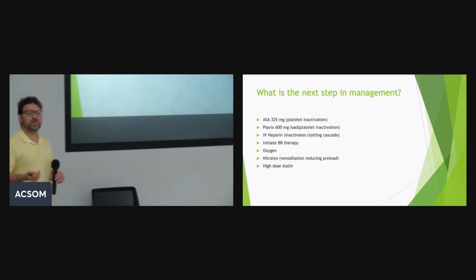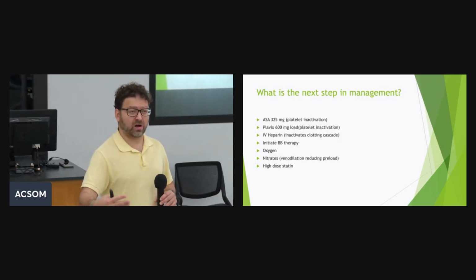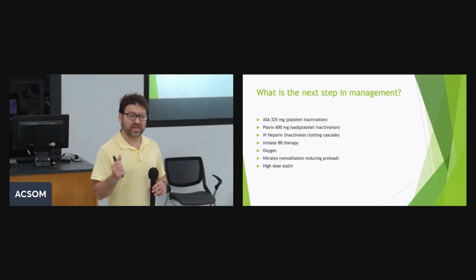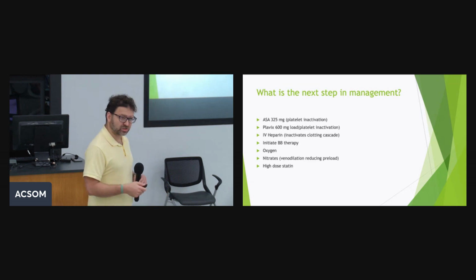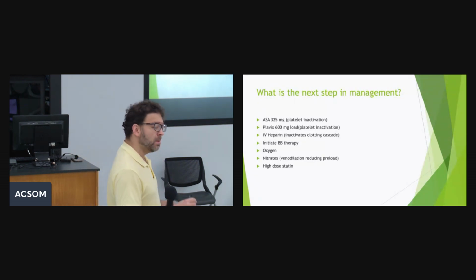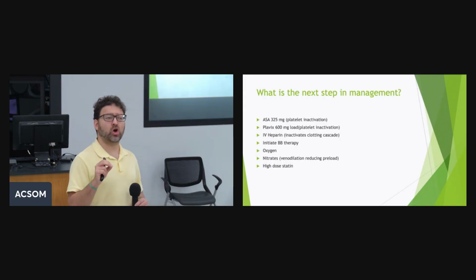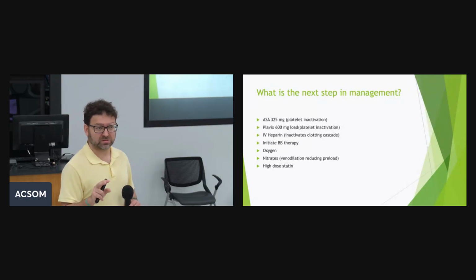The rest of the management is all trying to block the progression of this plaque rupture, platelet activation and thrombus formation. Aspirin, shocker. You load them with aspirin, platelet inhibition. Platelet inhibition is so important in plaque rupture that we do it twice through two different mechanisms, two different receptors.